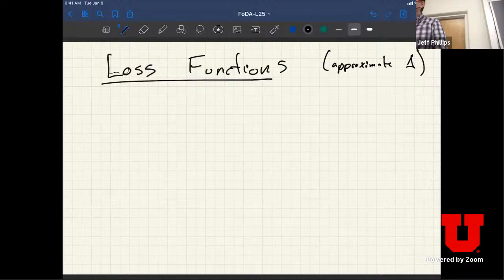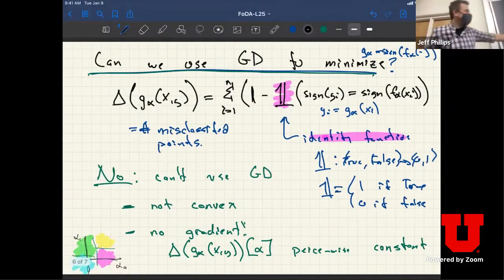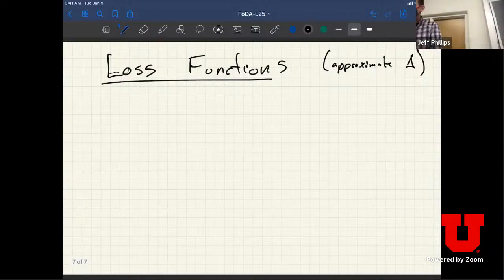In order to do that, it's going to be useful to rewrite these expressions. At the bottom, I have this delta function, delta g of alpha of x, y, but I really want it as a function of alpha. So let's rewrite this in a more convenient way.